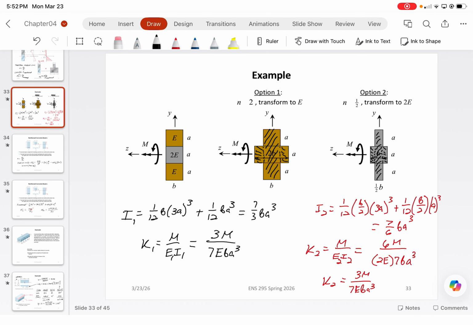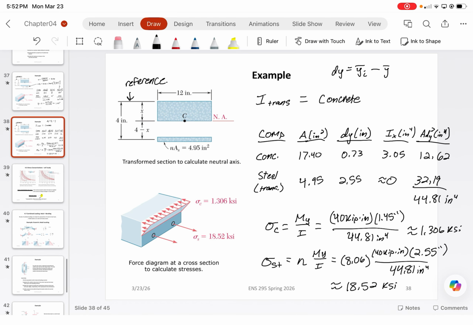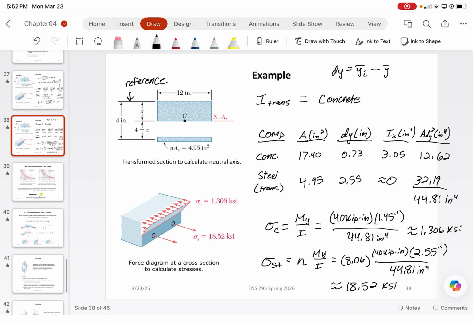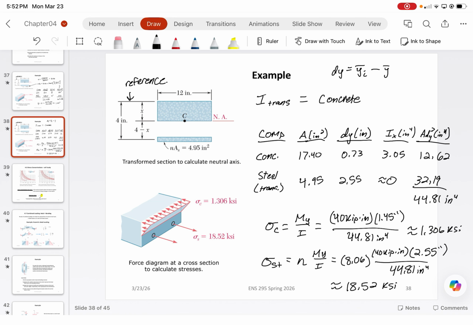You would just be able to calculate the neutral axis since the geometry would already be known. So it wouldn't require you to solve for a quadratic equation. So concrete is kind of unique in that manner. It requires you to do an extra calculation or two here and there. Any questions about composites so far?